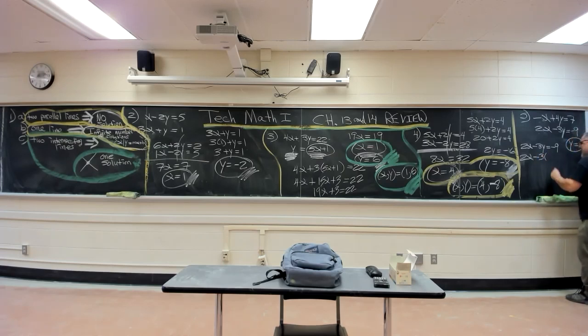Minus 3y, y is 1, we said. 2x is 2x. 3 times 1 is 3. Minus 3. Sounds good. Let me add a positive 3 on each side. Negative 3 and positive 3, out of there. You've got 2x. Negative 9 and 3 is negative 6. 2x equals negative 6.